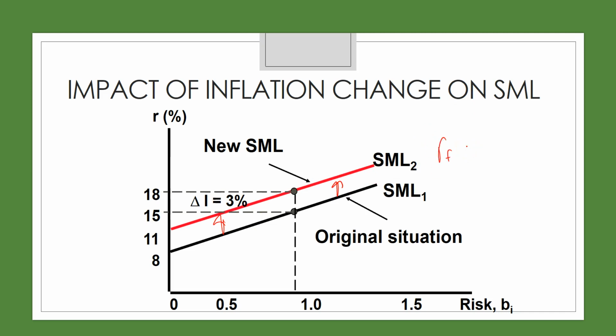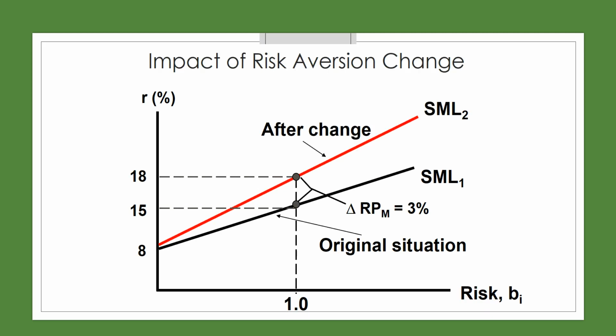When we look at our required return is equal to the risk-free rate plus the market risk premium times beta, the inflation is affecting our intercept point. So that causes the entire line to shift. If instead we had a change in risk aversion, then that's going to cause a change in the slope of the security market line. It's not causing a change in our intercept, it's going to cause a change in the reaction to the risk.